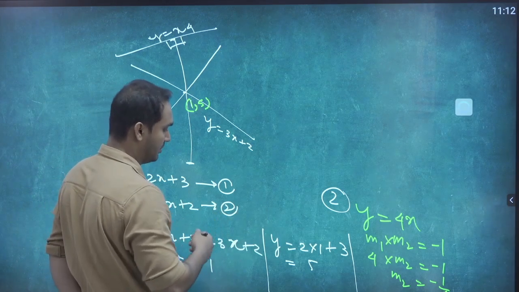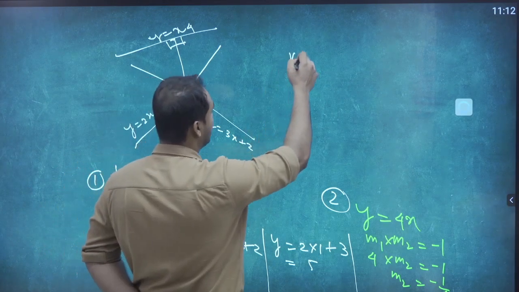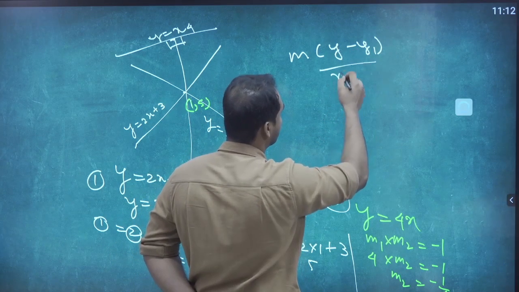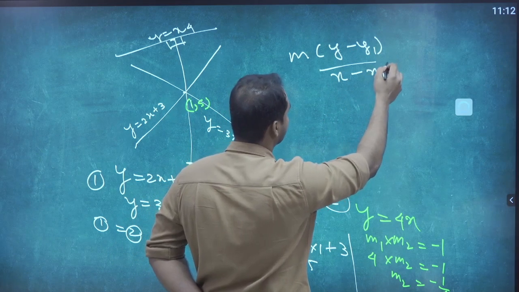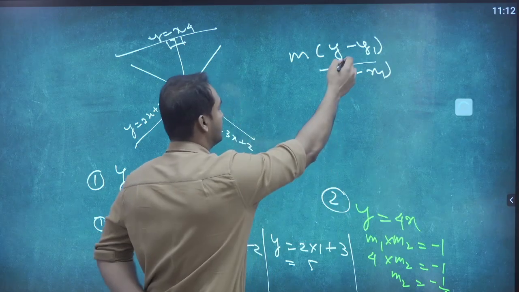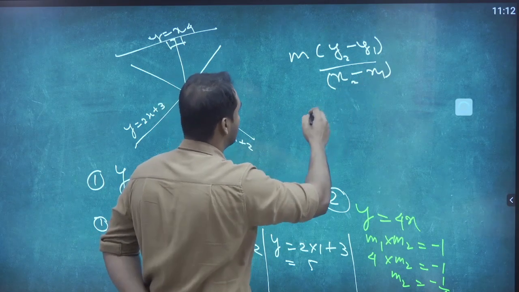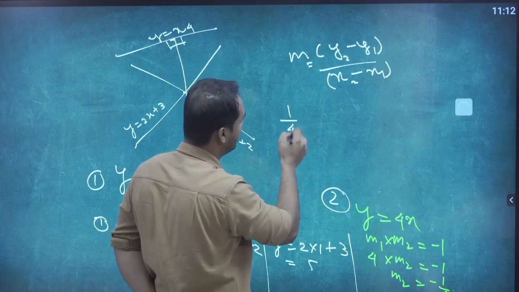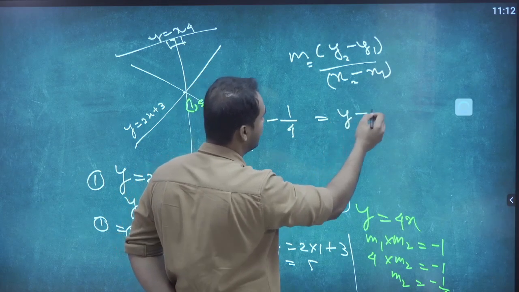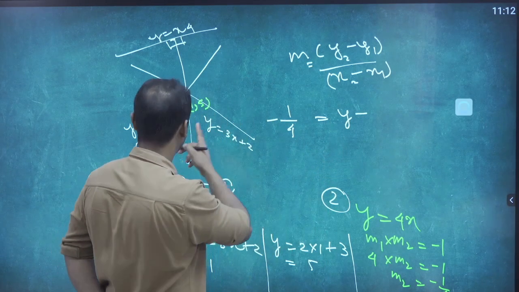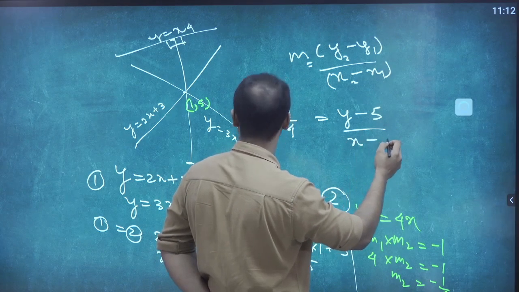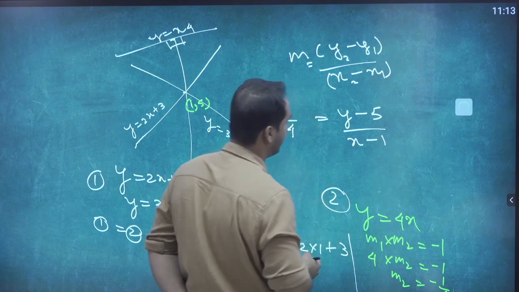Now you put it to the formula, which is m equals y minus y1 divided by x minus x1. So m is what? Minus 1 over 4 equals y minus, take one of the y coordinates, that is 5, divided by x minus 1. So you simplify it.